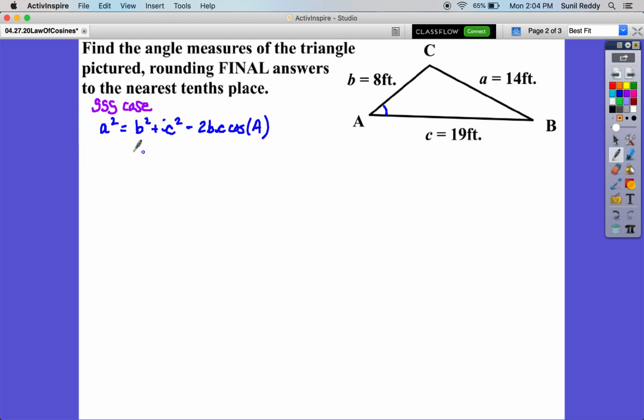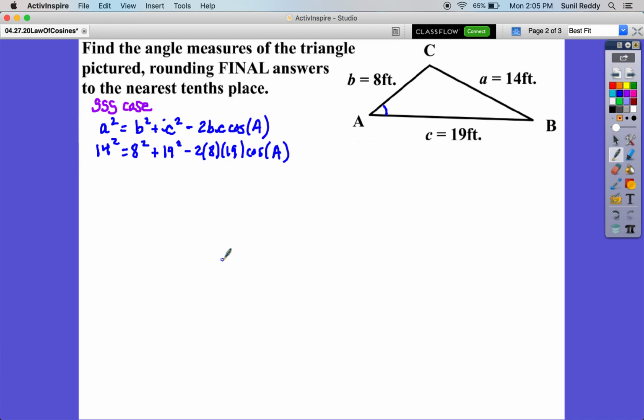So now I'm just going to plug into this equation. I know little a squared will be 14 squared, little b squared is 8 squared, and little c squared is 19 squared, minus 2 times 8 times 19 times the cosine of that angle that we don't know, so that has to stay angle A.